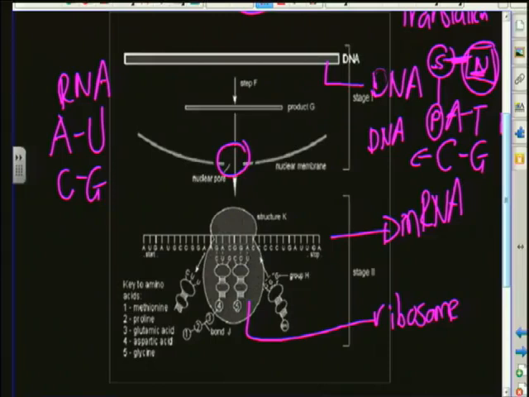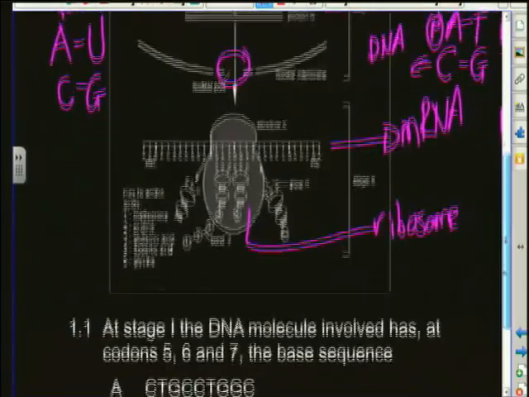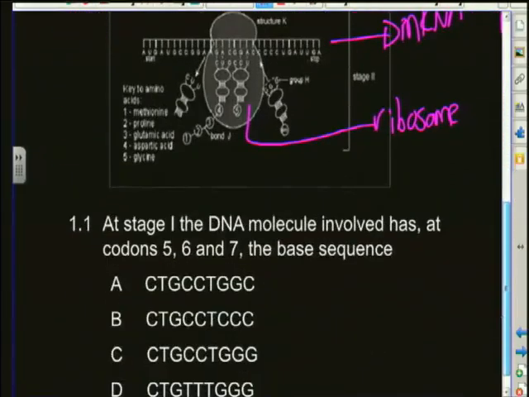Okay, now the first question can be quite tricky. I want you to pay attention. It says here, at stage 1, the DNA molecule involved has at codons 5, 6, and 7 the base sequence.